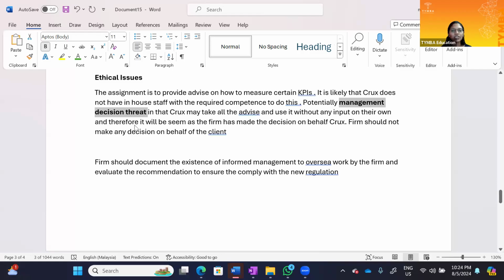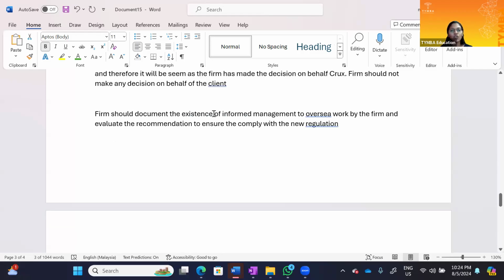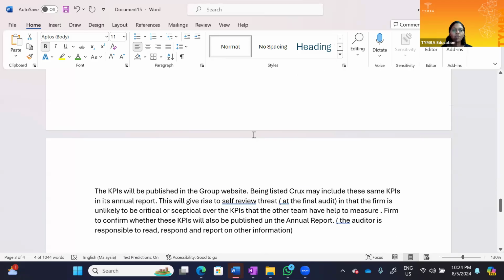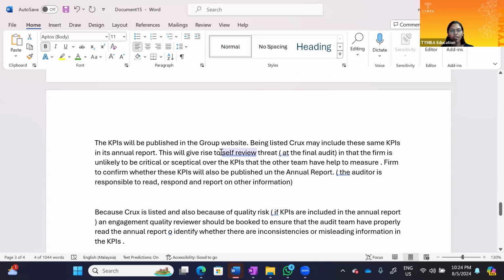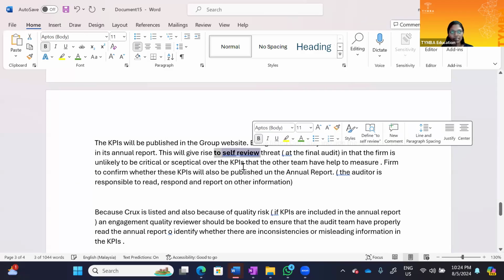For you to mention that the ethical threat is management decision, it's already 1 mark. To suggest a safeguard is another 1 mark. And when we mention the self-review threat, that's 1 mark.